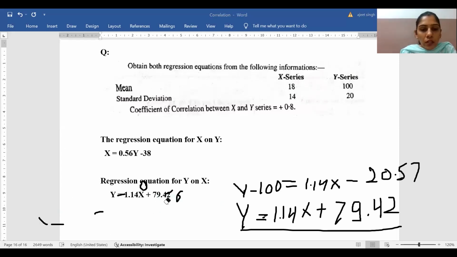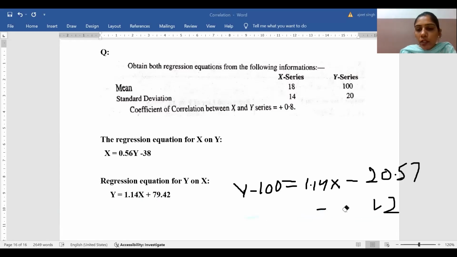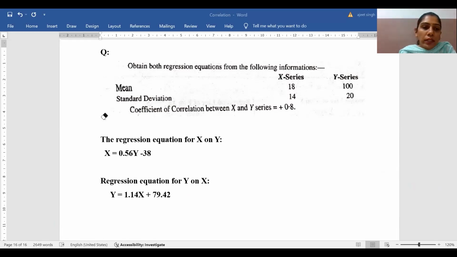So this is the regression equation for y on x. This is how we calculate regression equations from the given information. For calculating a regression equation, what we basically need is the mean of both series 1 and 2, and the standard deviation of series 1 and 2. After that, we require the coefficient of correlation between x and y.